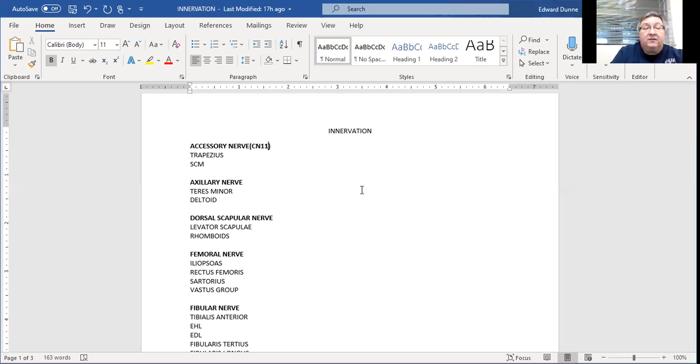The next nerve is the dorsal scapular nerve. Again, the cranial nerves come from basically the brain themselves. But most of the upper extremity muscles are innervated by something known as the brachial plexus.